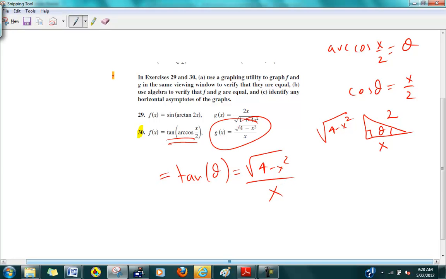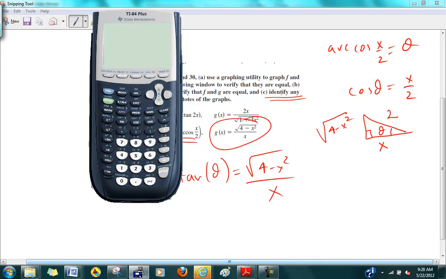Okay. What about horizontal asymptotes? You guys graph that. You should be able to tell me what the asymptotes are. Emily, what are your horizontal asymptotes? Wait a minute. Remember, it's an asymptote, so it's going to be an equation.